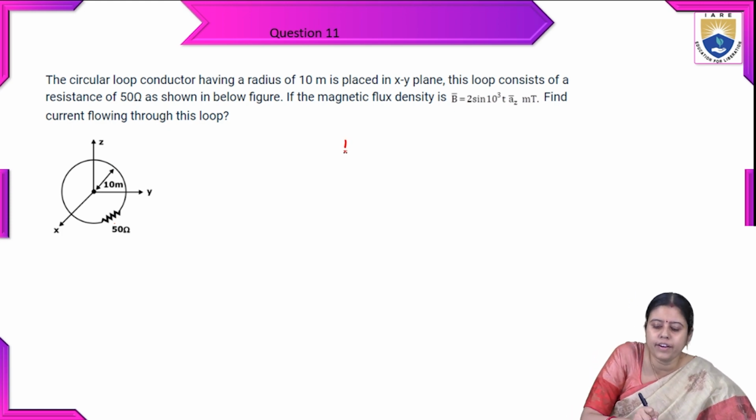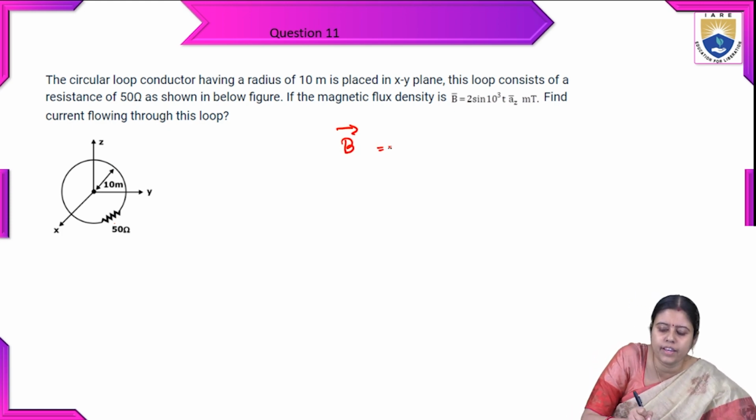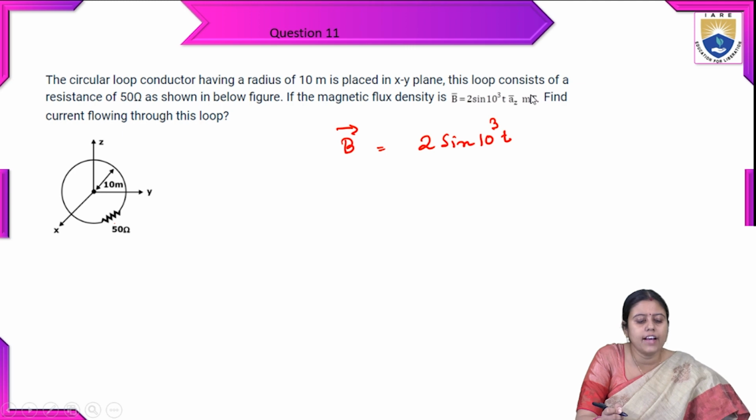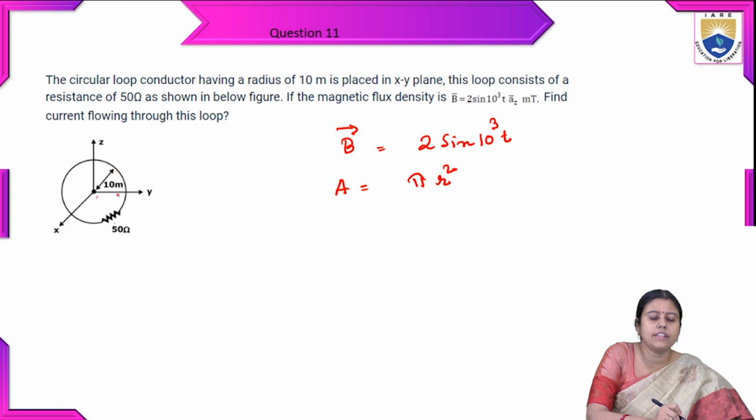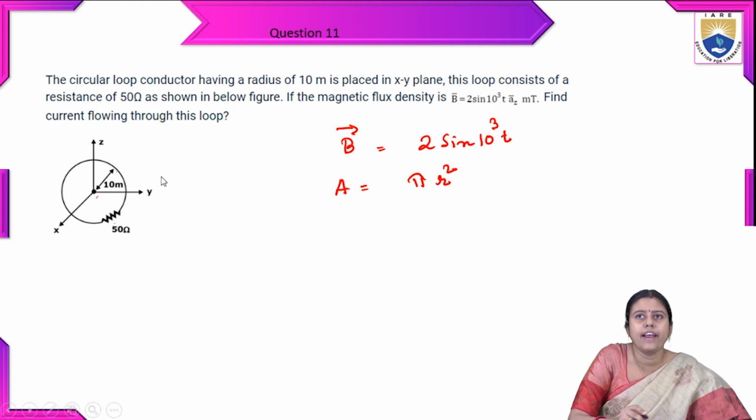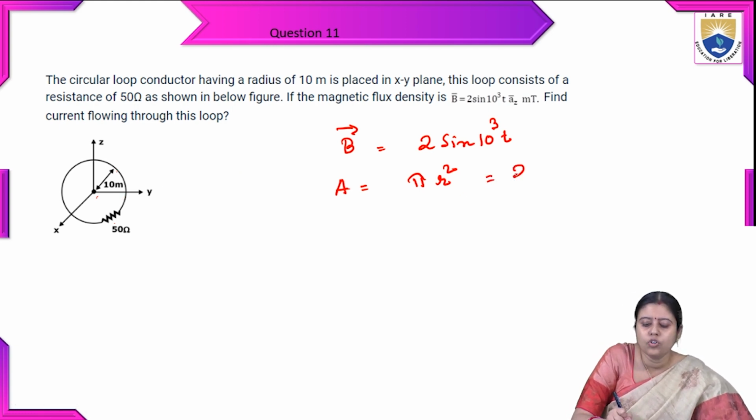The flux density B is given as 2 sine 10 cube t Az. Find the current flowing in the loop. So we know the B. What is the area A? A is equal to pi r square. And what is the radius? Radius is 10 centimeter, so we got here pi times 0.01 square meters.